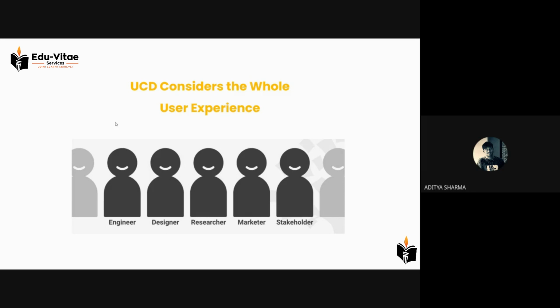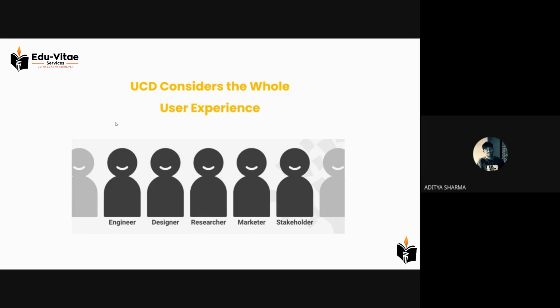When you get to know that, you know the feasibility of the design, how feasible your design can be, right? The engineer will tell you what is technically possible. The researcher will tell you what the user wants, what is the problem the user is facing.